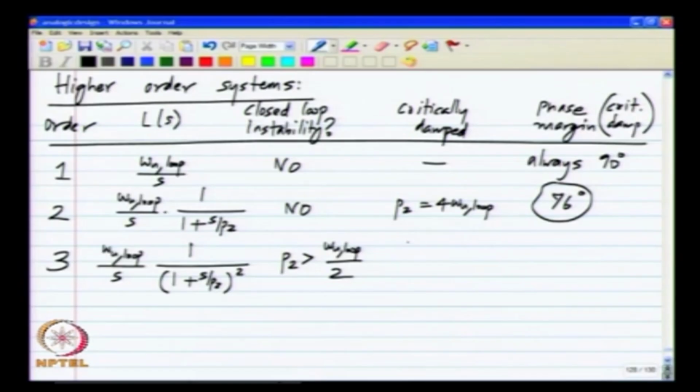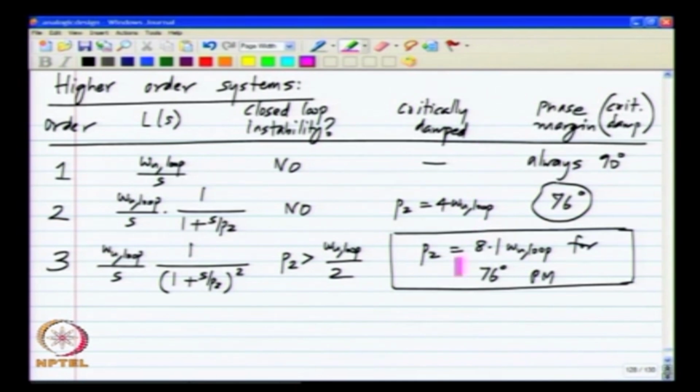And if you compute it for that, we get p 2 to be 8.1 times omega u loop for 76 degrees phase margin.